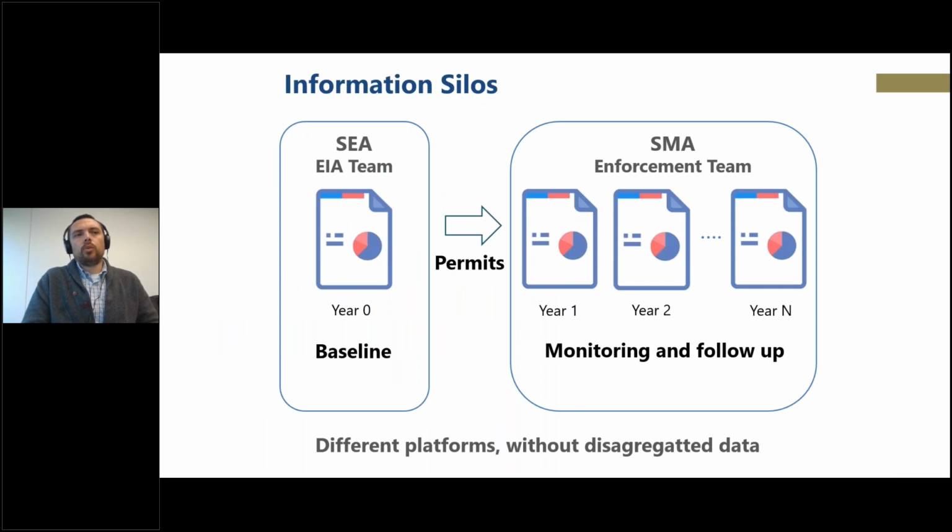At this moment, we have different platforms without disaggregated data. The EIA team manages information, and the enforcement team manages different information, but this is complementary. It should be the same platform.